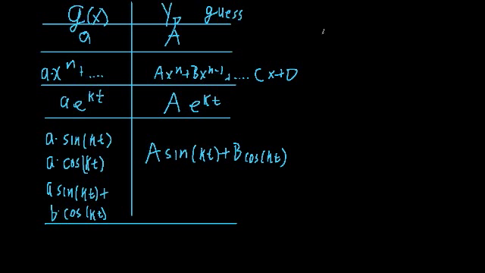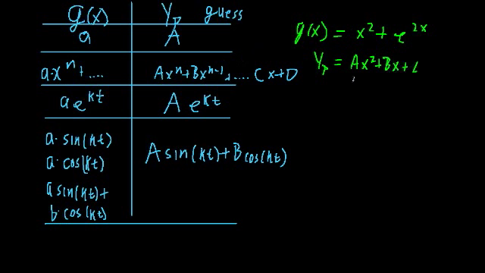For example, if our g of x was x squared plus e to the 2x, then we should probably guess a full polynomial, ax squared plus bx plus c, plus a scaled version of an exponential, d times e to the 2x. And then we'd plug this into whatever differential equation we have and solve for the undetermined coefficients.